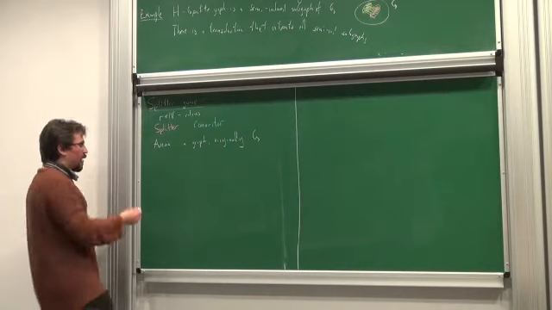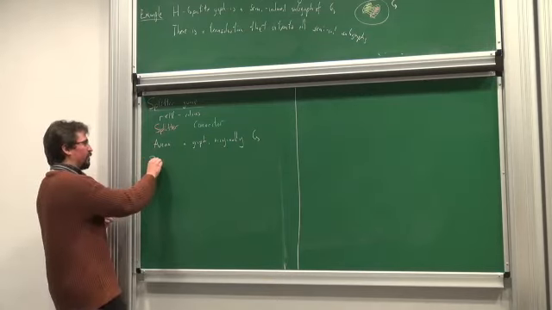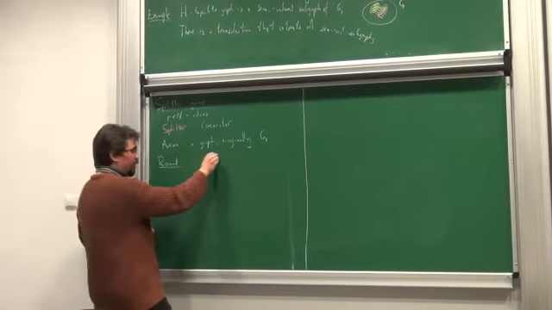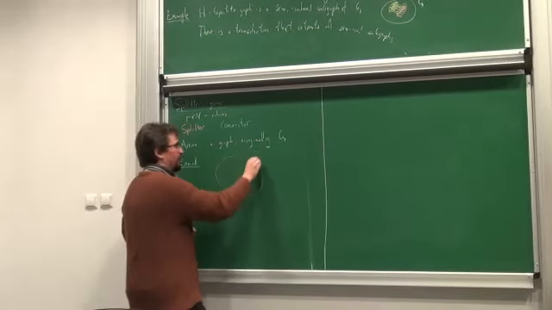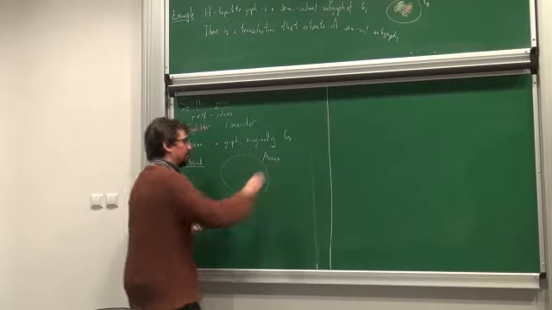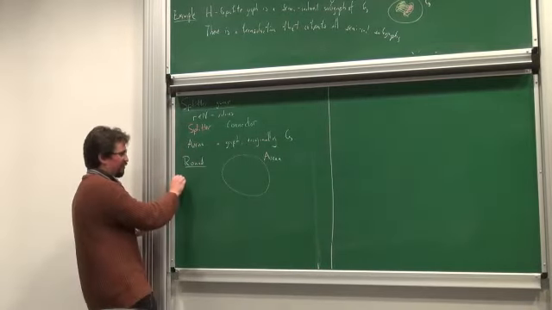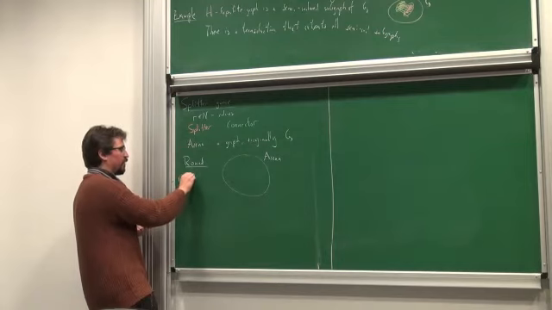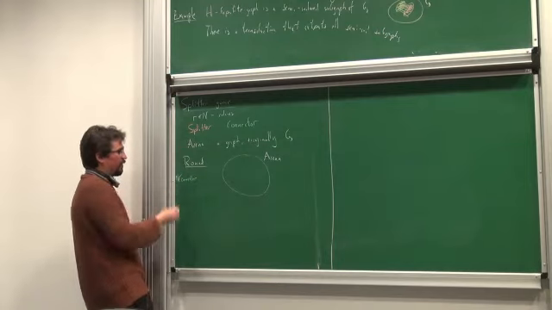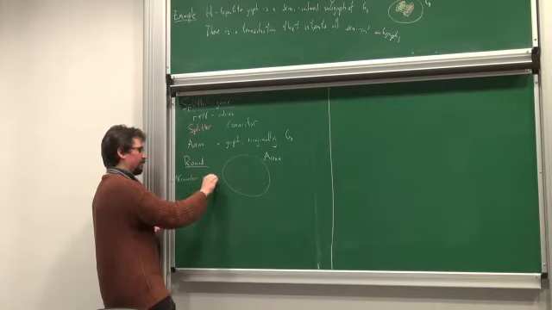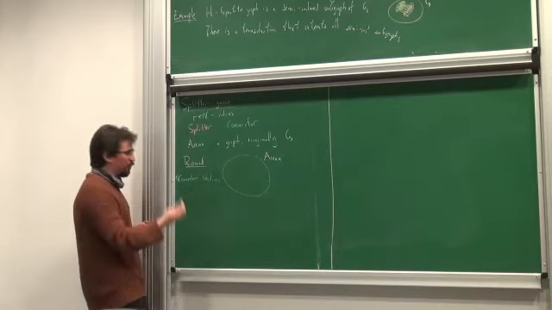Good. So how does a round of the game look like? Here is my current arena. The first move is a move of connector. Connector first localizes, or rather is forced to localize.